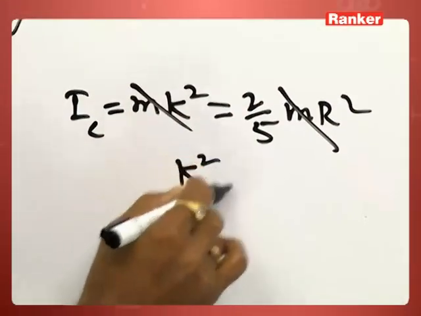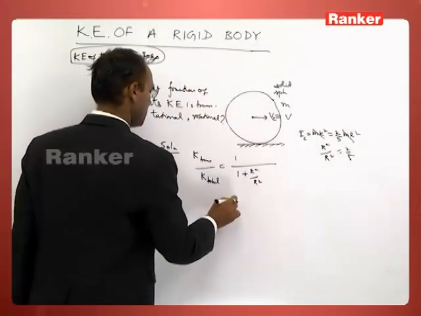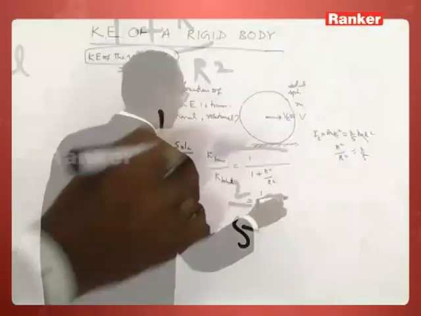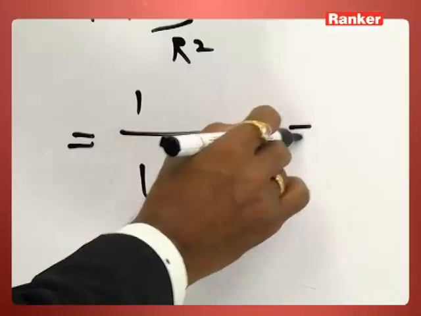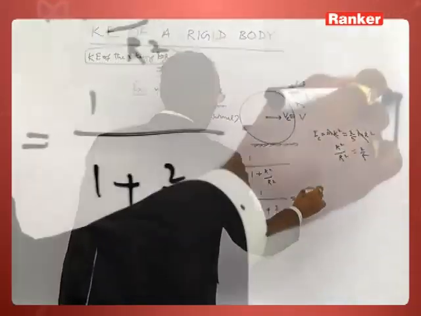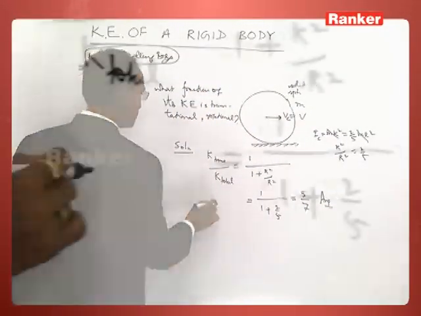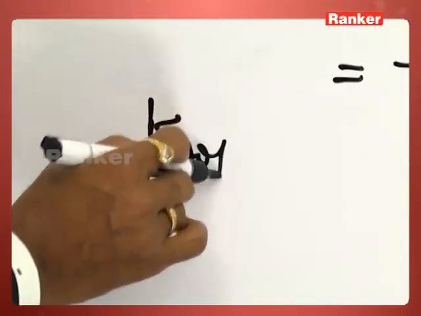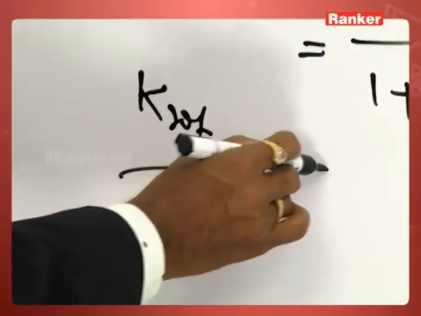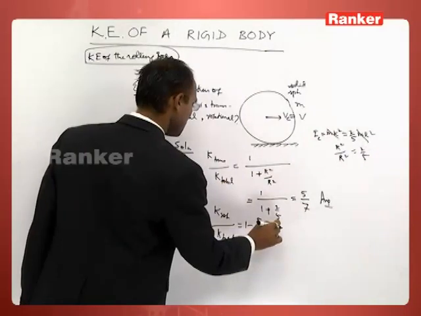Therefore, k square by r square is equal to 2 by 5. So substitute k square by r square is equal to 2 by 5 to get the ratio of the kinetic energies as 5 by 7. Then the rotational kinetic energy upon the total kinetic energy will naturally be equal to 1 minus 5 by 7, that's equal to 2 by 7.